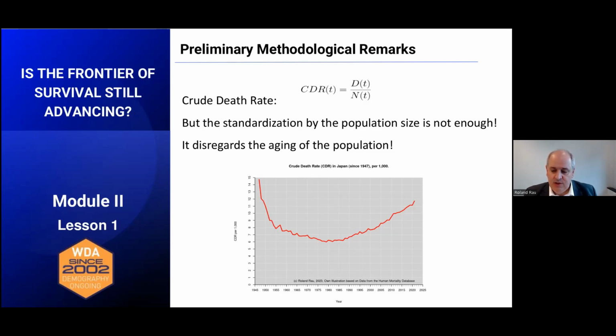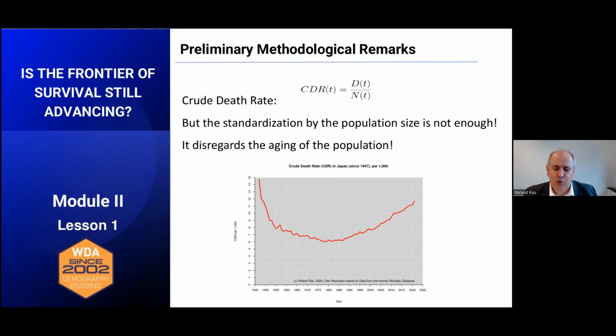So it seems strange that the measurement for mortality can go up when the situation is actually improving, or even more pronounced in this case, when Japan took over as the leading country in the world in terms of life expectancy. So you need to standardize for something else, and that's the aging of the population. How can you do that? Because the Japanese population got older, and I think everyone is familiar with this: young people have a much lower mortality than older people.